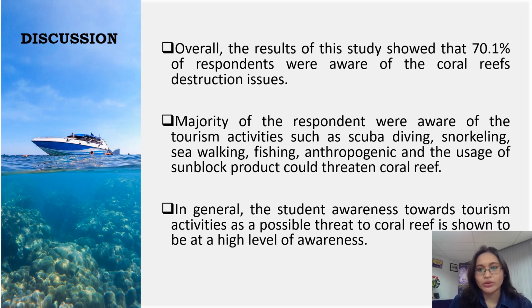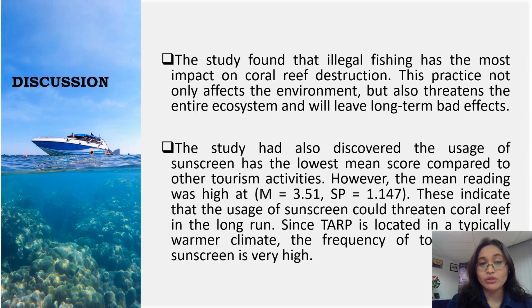In general, student awareness of tourism activity as a possible threat to the coral reef is at a high level. In addition, the study found that illegal fishing has the most impact on coral reef destruction. This practice not only affects the environment, but can also threaten the entire ecosystem.